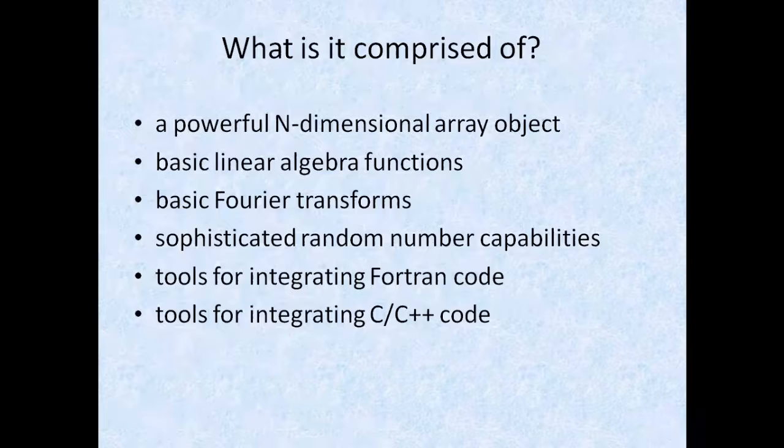So the package comprises all the code which is needed, so that we are capable of using it very easily. It comprises all the basic functions of linear algebra, basic transformations, Fourier transformations, and many random number capabilities. It also allows us to integrate C code, C++ code or Fortran code.